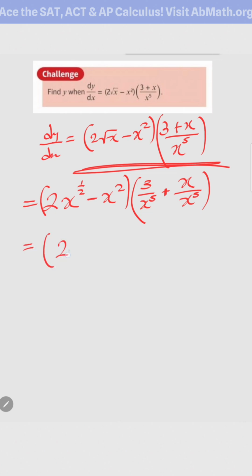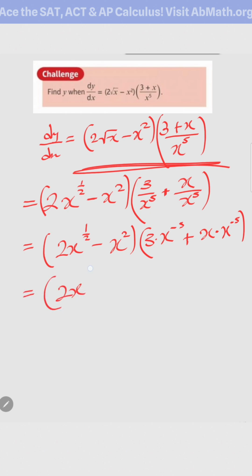This is 2x^(1/2) minus x squared, then 3 multiplied by x power negative 5 plus x multiplied by x power negative 5. Remember this x has a power of 1, so you have to add the powers. You now have x power negative 4.